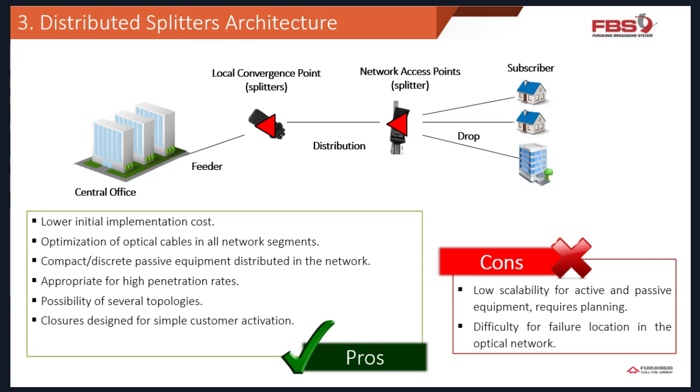So we don't need more than that. And if we increase those distances or the splitting divisions, we will bring back that problem of the equipment being expensive. And 20 kilometers is more than enough when we talk about a city.